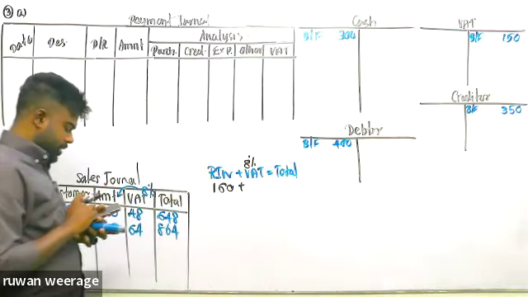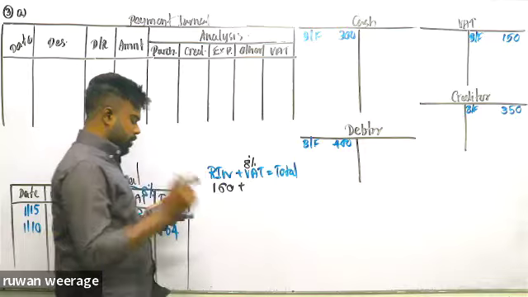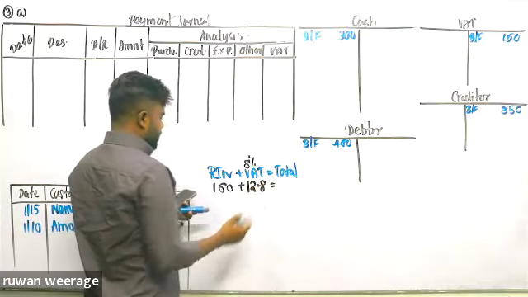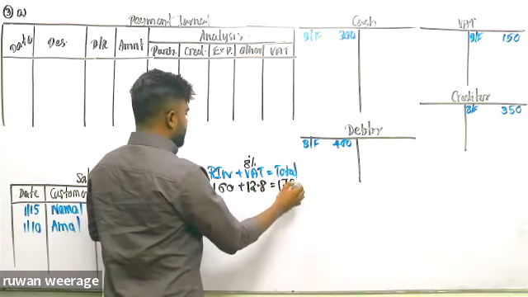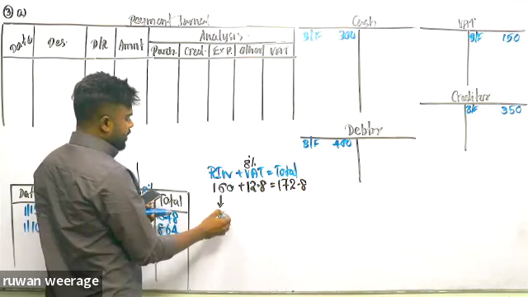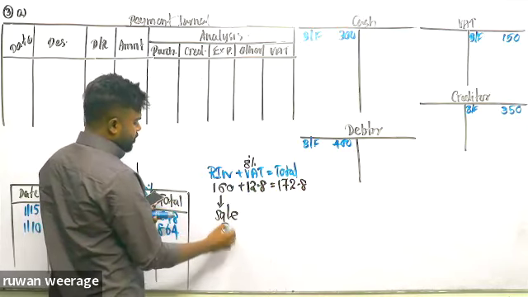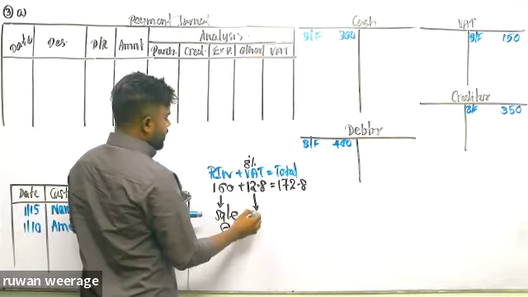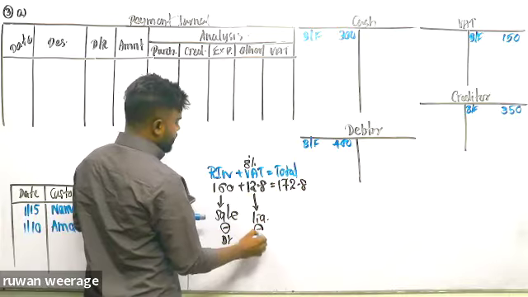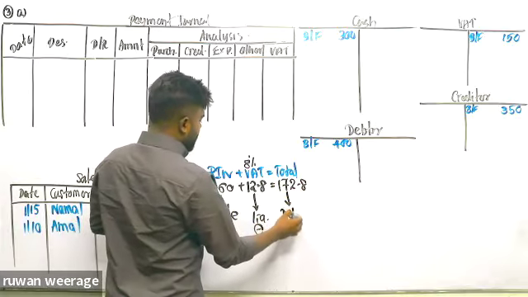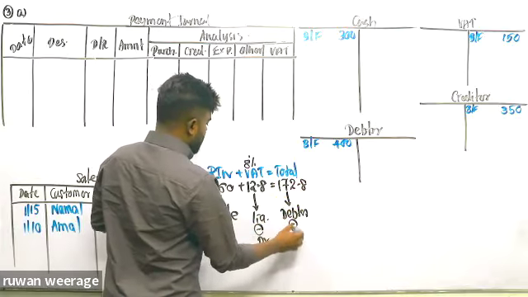We need to keep up speed, otherwise we can't do this. Now watch the recording again later. Total will be 172.8. Now, what's the double entry? The sales value, meaning the return value, sales income decreases, so debit. Sales VAT liability, return VAT liability decreases, so debit. Debtor receivable balance decreases, debtor asset decreases, so credit.